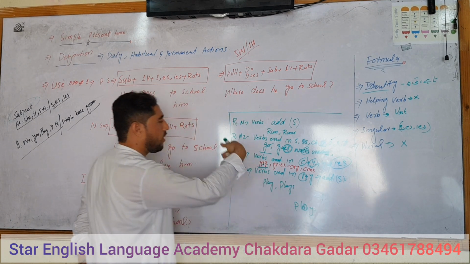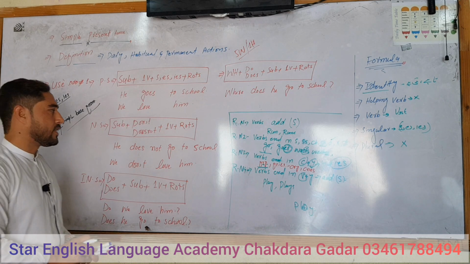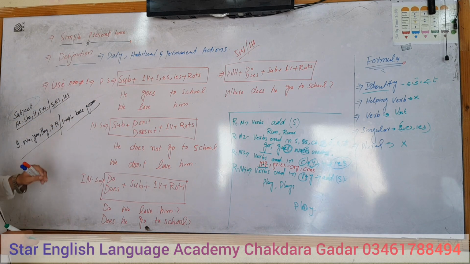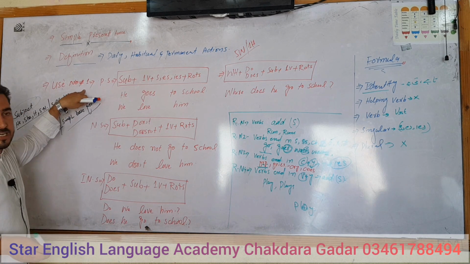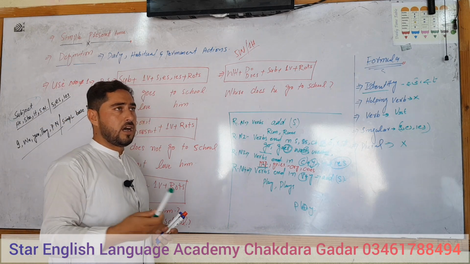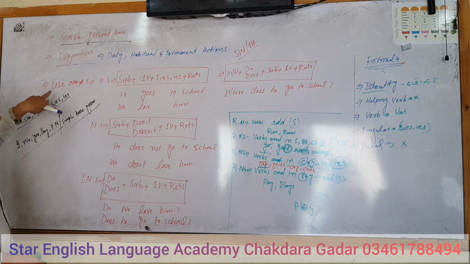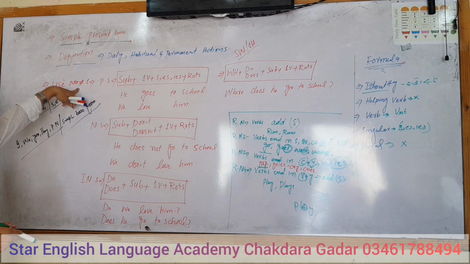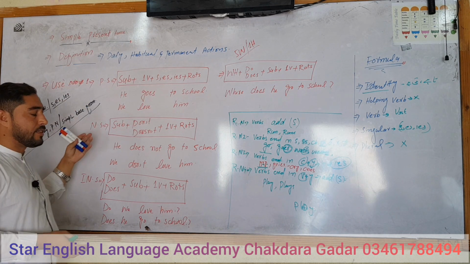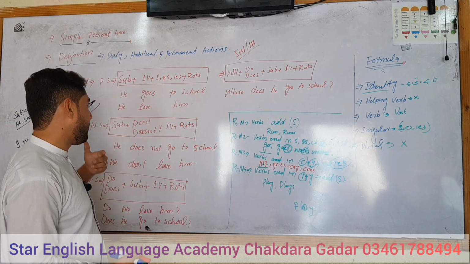So these were all the 4 rules for the simple present tense. Now look at the uses, number first, and inshallah in the next lecture I will explain the other rules. In this lecture I will explain just the first rule, the 4 structures of simple present tense.